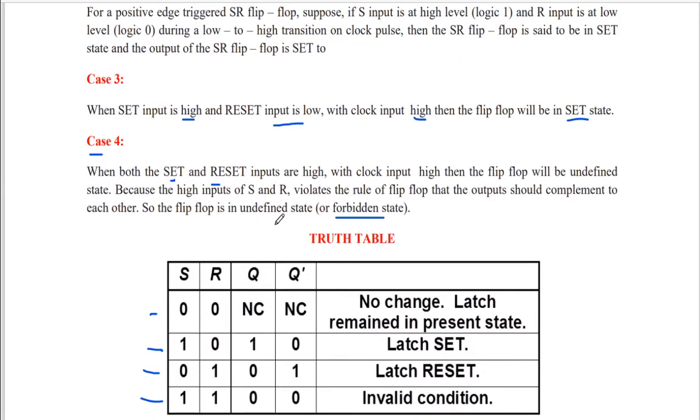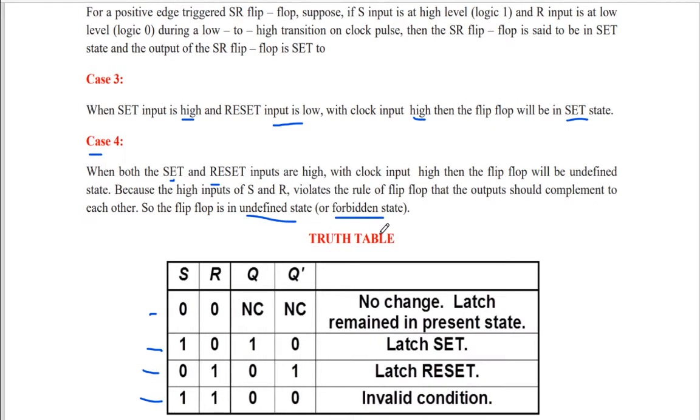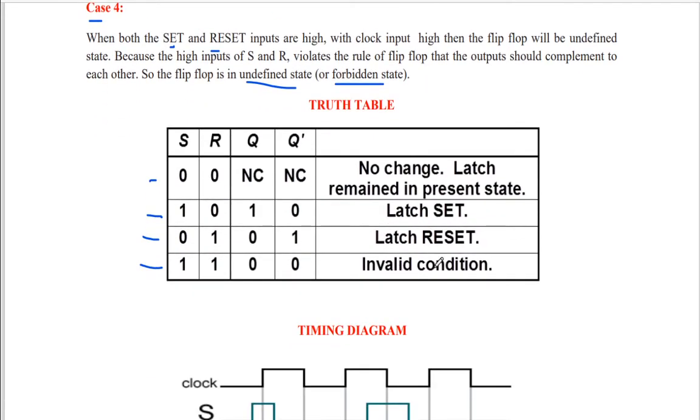We call it an undefined state, or an invalid state, because we are unable to define the state of Q and Q bar. Q bar should be the complement of Q, but here both Q and Q bar have the same value, which should not be allowed, and this state we call an invalid condition.